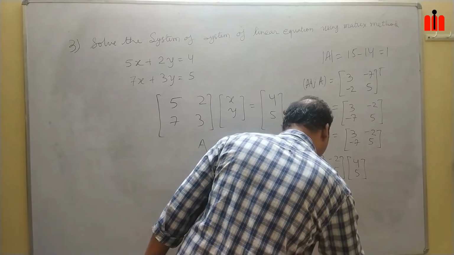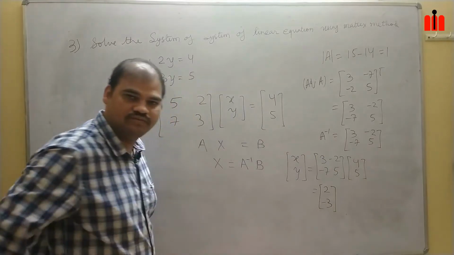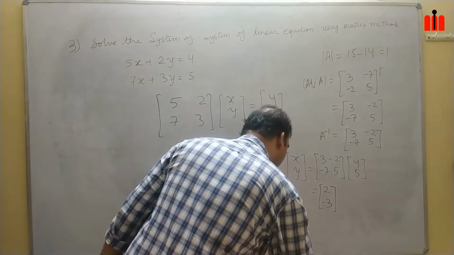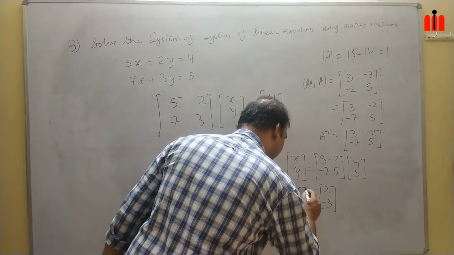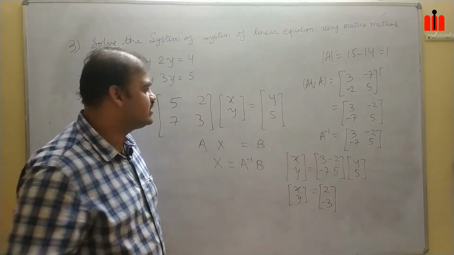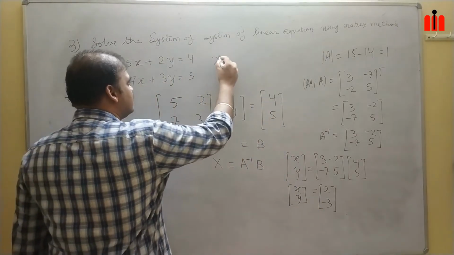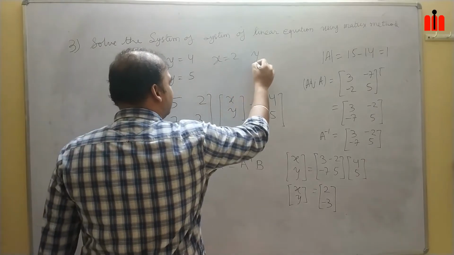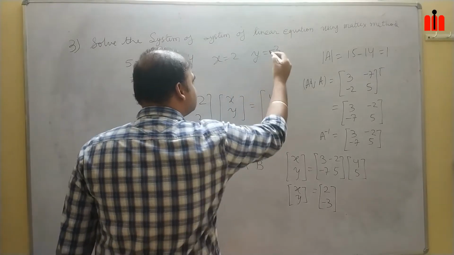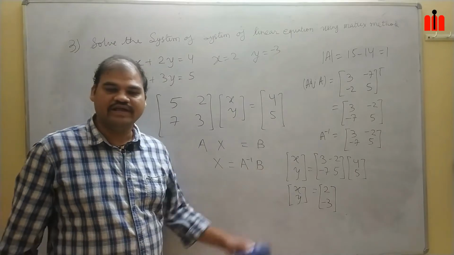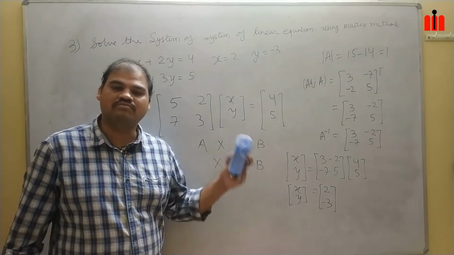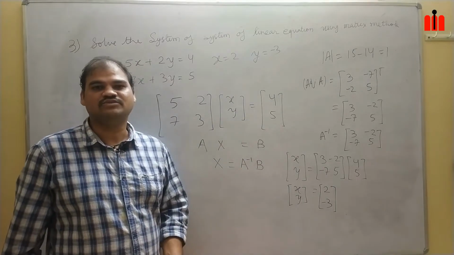So 2 and minus 3 equals x and y. The value of x is 2 and the value of y is minus 3. Are you getting it? This completes problem number 3. Let's move on to problem number 4.